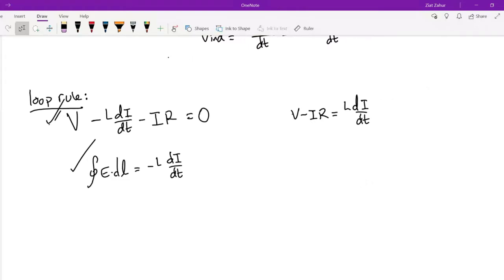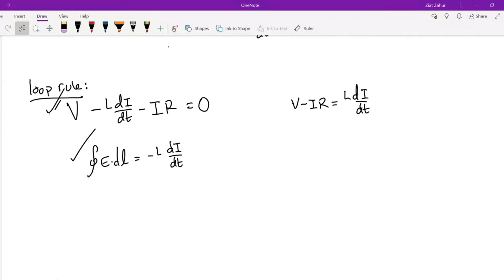Okay. And now, in order to solve this, we need the variables to be on the same side, right? I'll put parentheses here. We can multiply by dt to both sides, and then get rid of this L and move it to the other side as well.